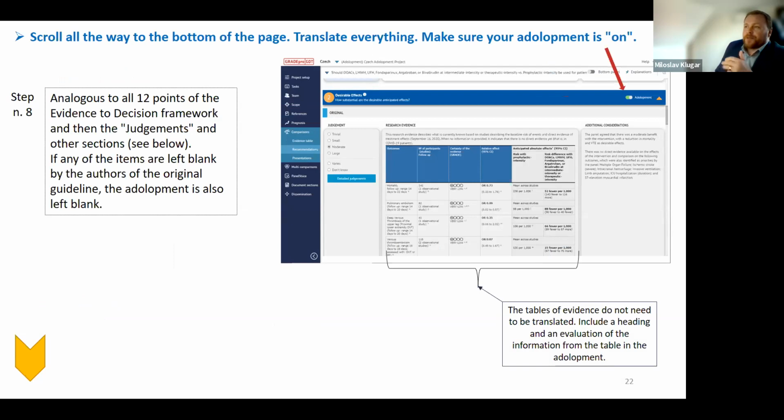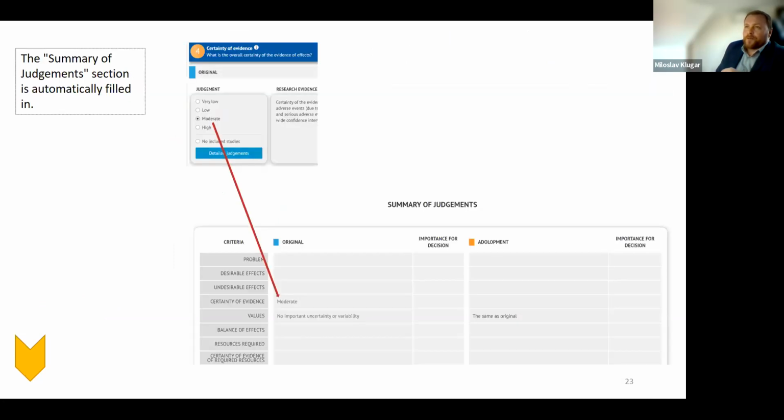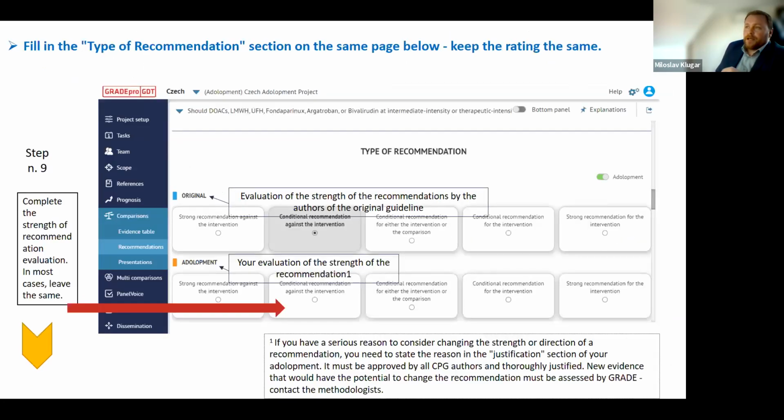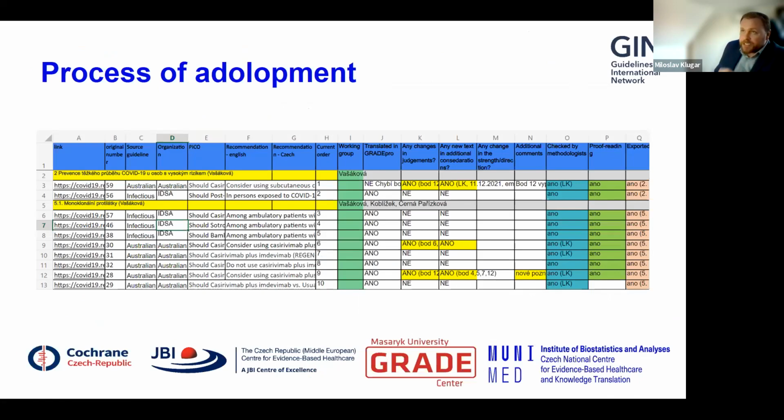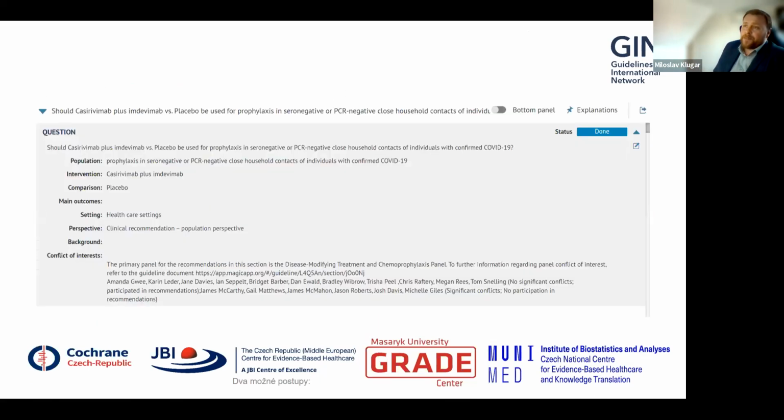So this is just another example from the guide. And finally, this is the process of development. We were also developing and double checking all that we've done with our team, and so there were some internal processes for it outside GRADEpro as well. And this is a final example of how it looks in GRADEpro.